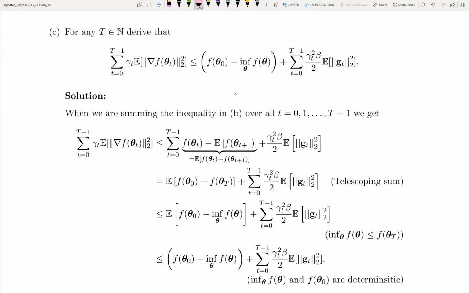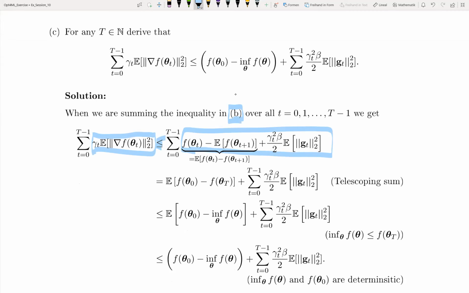We simply sum up what we have shown in B. In B, we have shown that this here is smaller than or equal to this here. All right?